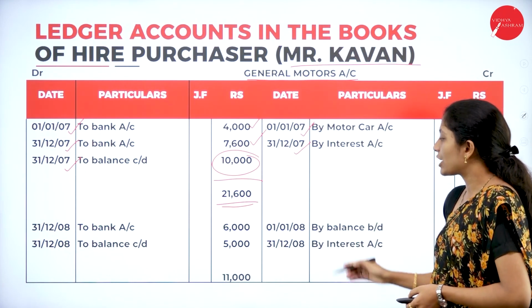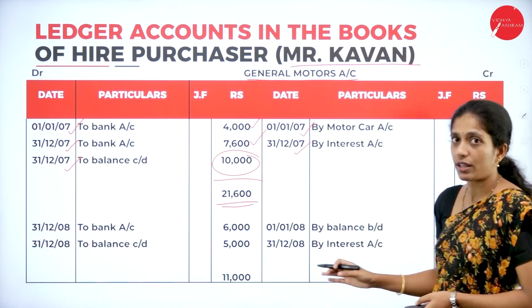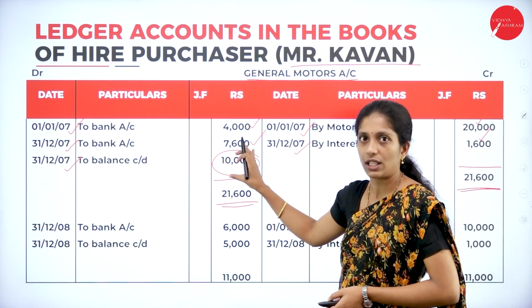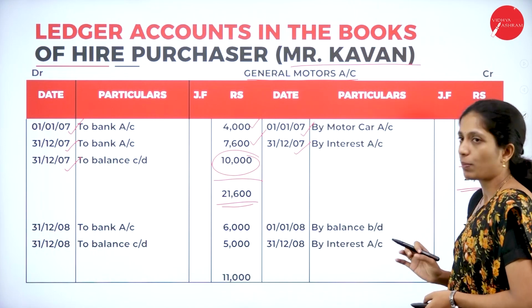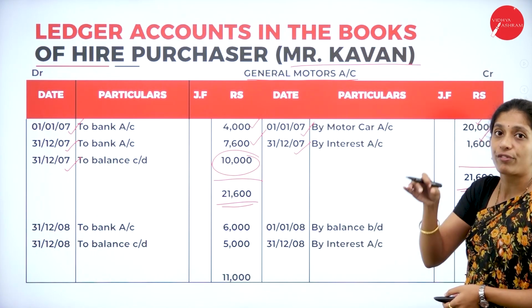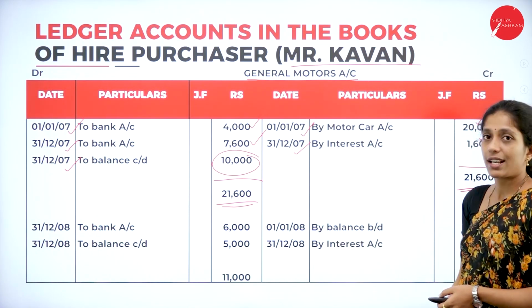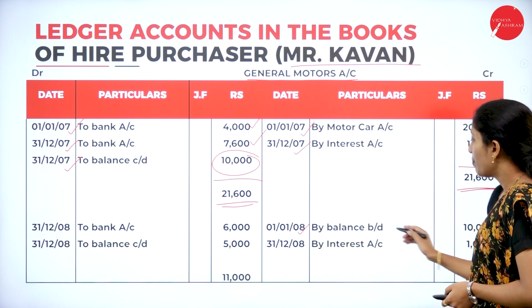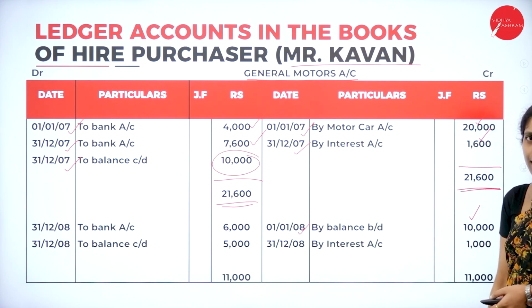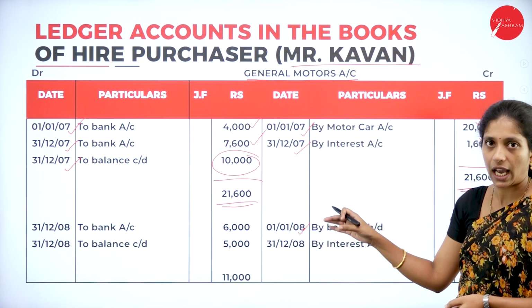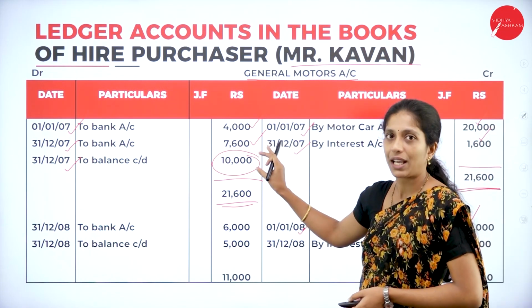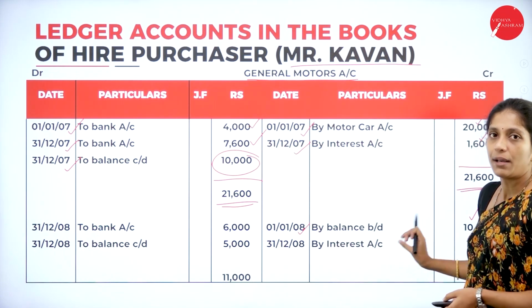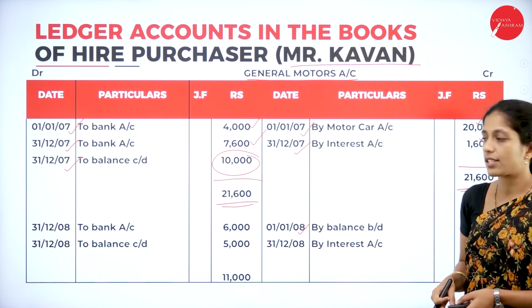So on 1/1/08, to balance brought down. Whatever amount you carried down in the previous year has to be brought down at the beginning of next year. So 1/1/2008, balance brought down, 10,000.